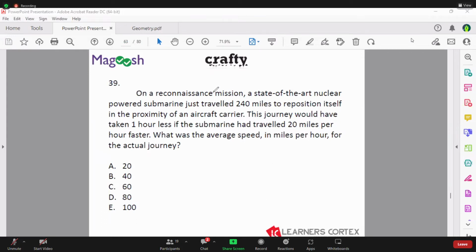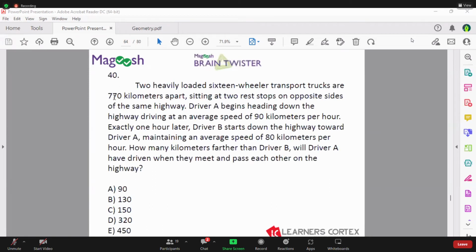Anyone who has not understood this question? Okay. Next question. Two heavily loaded 16-wheeler transport trucks are 770 kilometers apart, sitting at two rest stops on the opposite sides of the same highway. Driver A begins heading down the highway, driving at an average speed of 90 kilometers per hour.